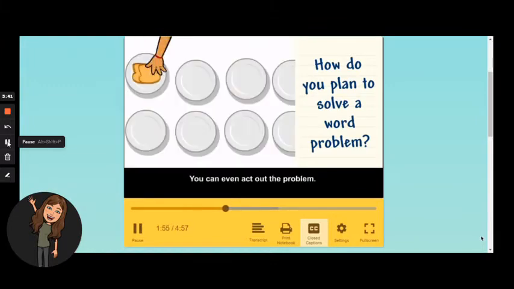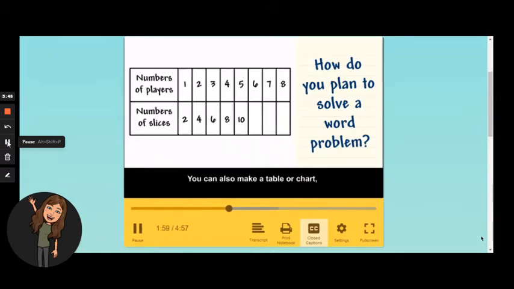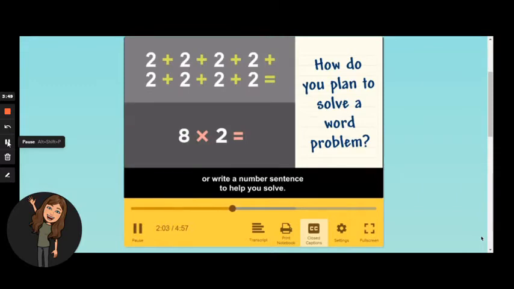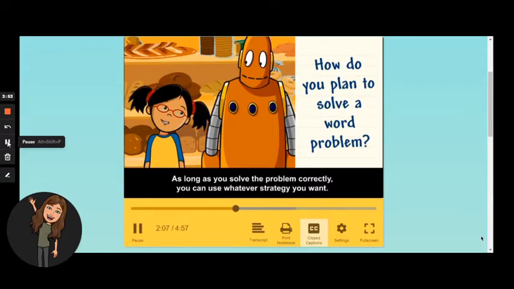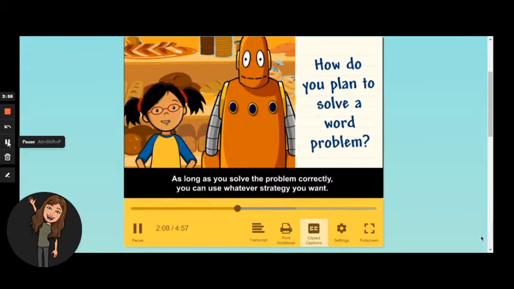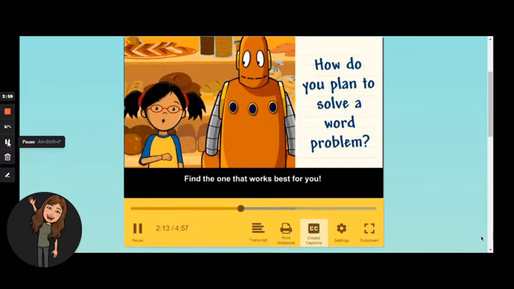You can even act out the problem. You can also make a table or chart, or write a number sentence to help you solve. As long as you solve the problem correctly, you can use whatever strategy you want. Find the one that works best for you.